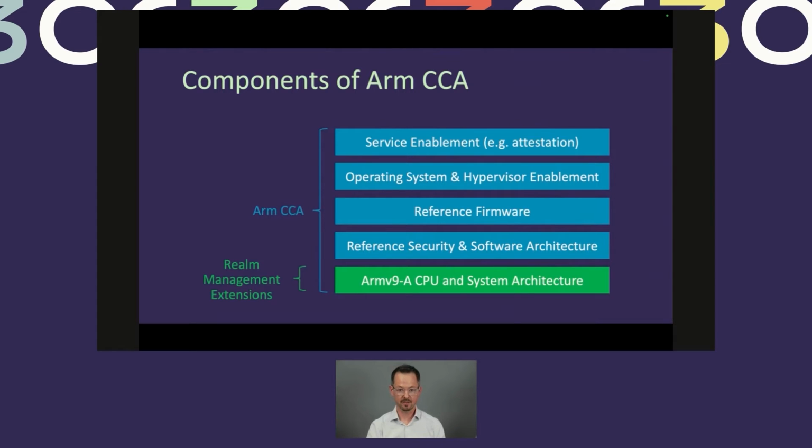And together, that enablement allows the creation, the management, and the scheduling and execution of realms. Outside the device, the stack extends to include components which provide support for endorsement and attestation of confidential compute platforms. And Paul will give some more details, particularly on those latter topics, later on in this presentation.